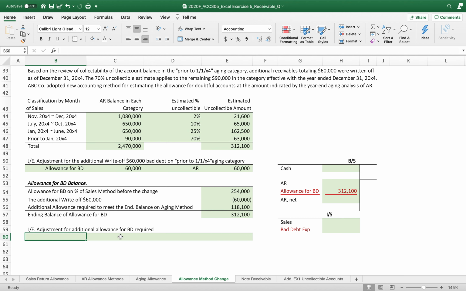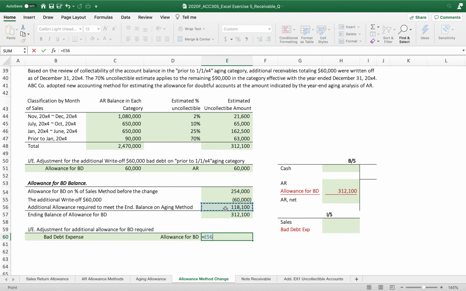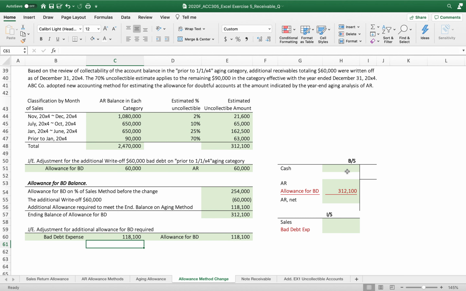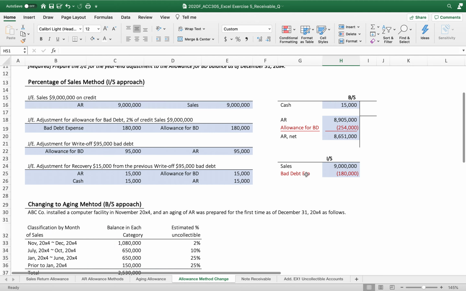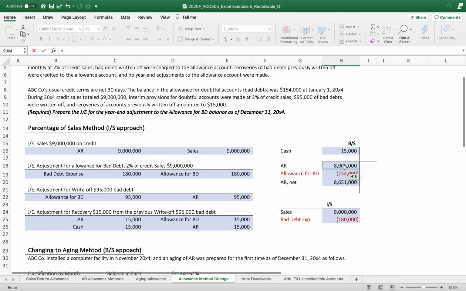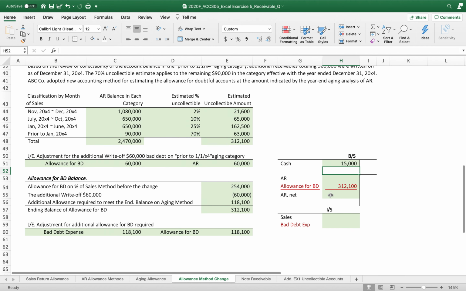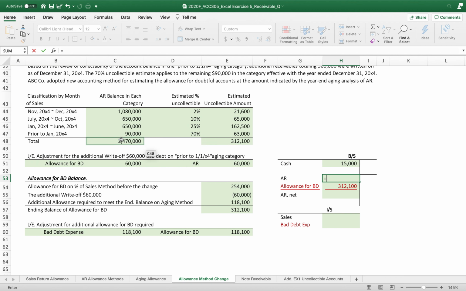So here, bad debt expense and AR, allowance for bad debt. The allowance for bad debt we have to record is 118,100, same value. Okay, so we needed to put the cash here, and then allowance for bad debt we already have here, and then AR. How much is AR here?